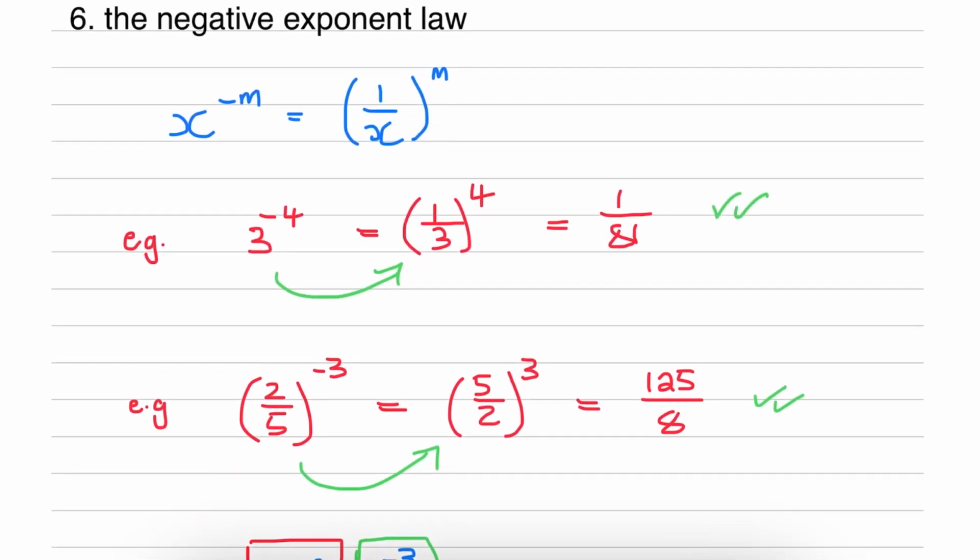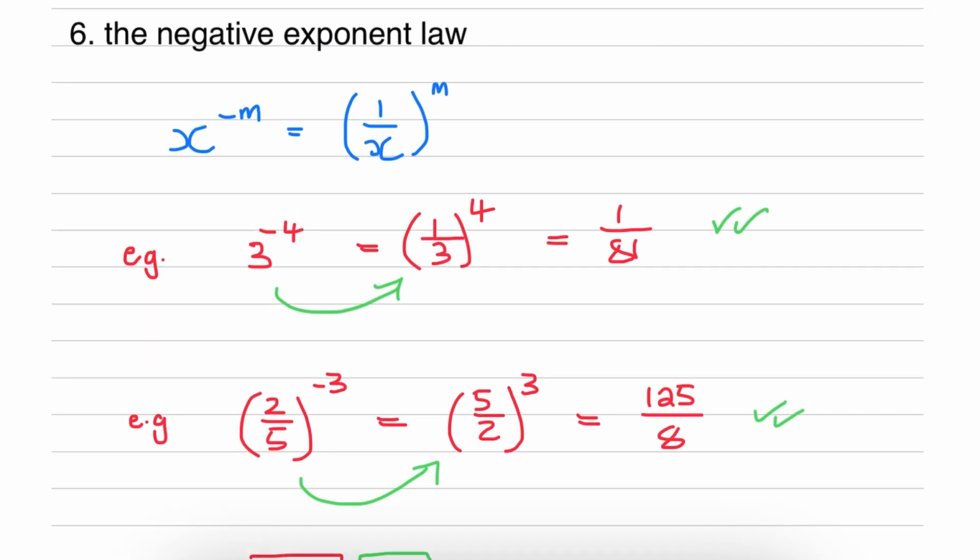Even if we go back to these examples here, you can see that the original 3, which was a numerator, became a denominator. And same thing here, this 2, which was a numerator, became a denominator. And also vice versa, the denominators, which was 5 in this case, became a numerator, 5. The denominator 1 over here became a numerator 1.